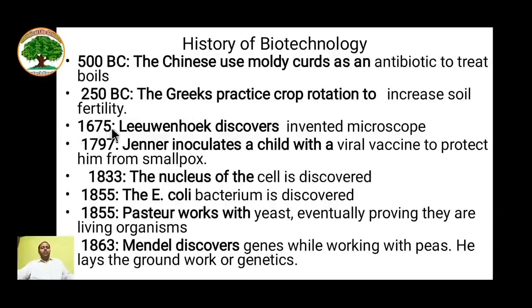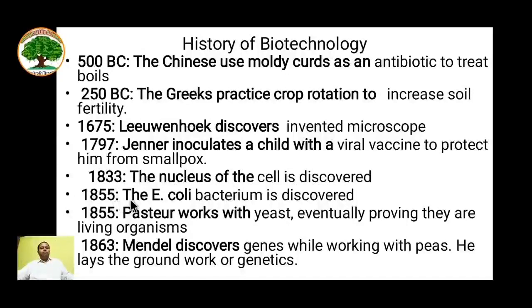In 1675, Anton Leeuwenhoek discovered the microscope, and it opened a new era for research. In 1797, Jenner inoculated a child with a viral vaccine to protect him from smallpox. Later, it was discovered that it was caused by varicella zoster. In 1833, the nucleus of the cell was discovered.